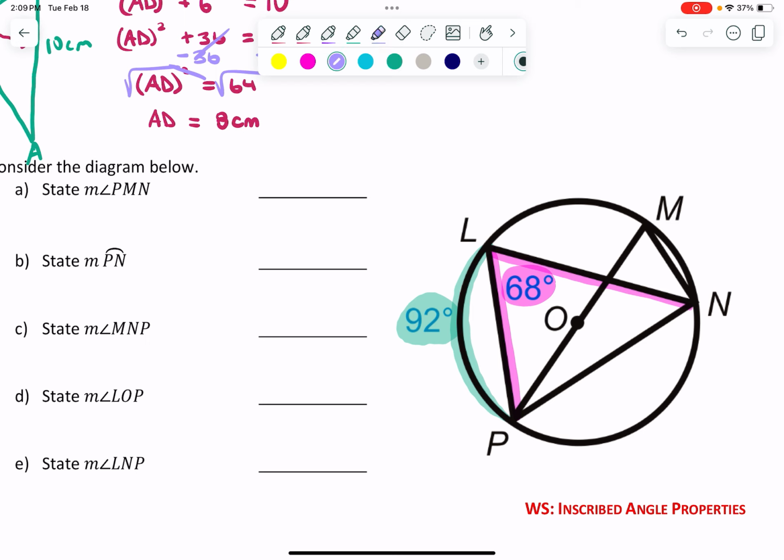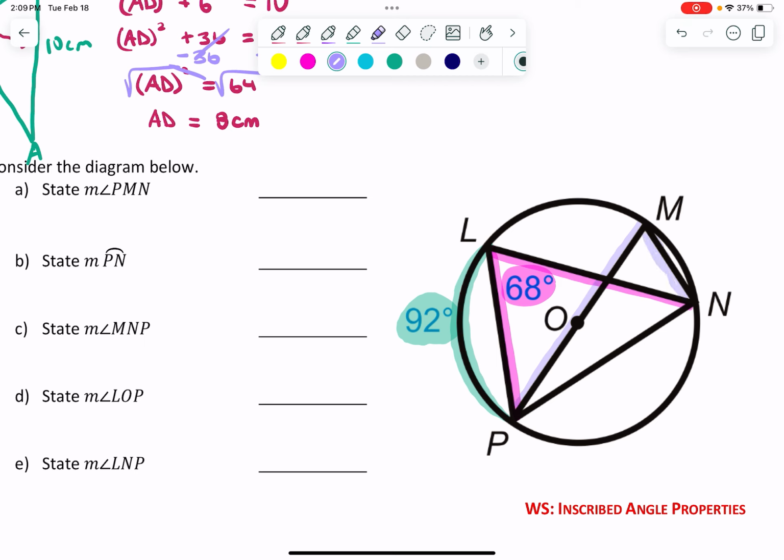Now, we're going to go through these one at a time. I'd love if you could pause the video and try some of these for yourself, but either way, I'm going to do them with you. Okay, so the measure of angle PMN. PMN is this angle here, and I can see it's an inscribed angle.